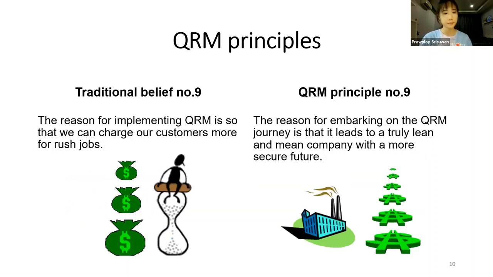The next one is, it seems reasonable if we charge customers more if they want more speed, but QRM says that we should focus on long-term improvement, and QRM mainly focuses on the market segment that is looking for speed, like customer segments that require more speed than others.